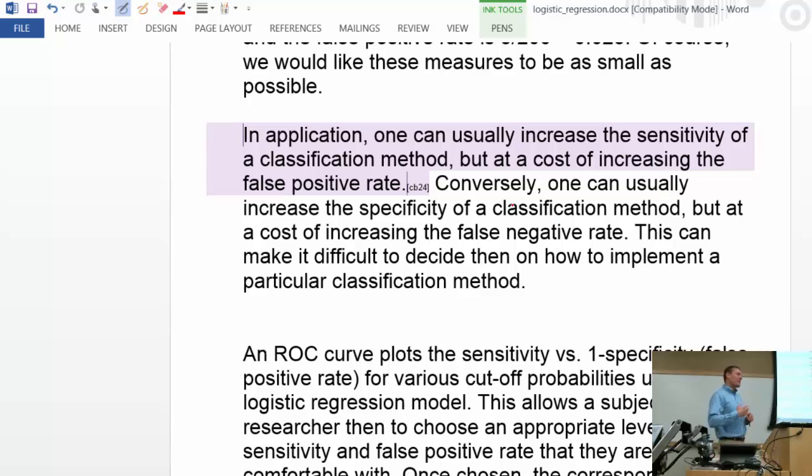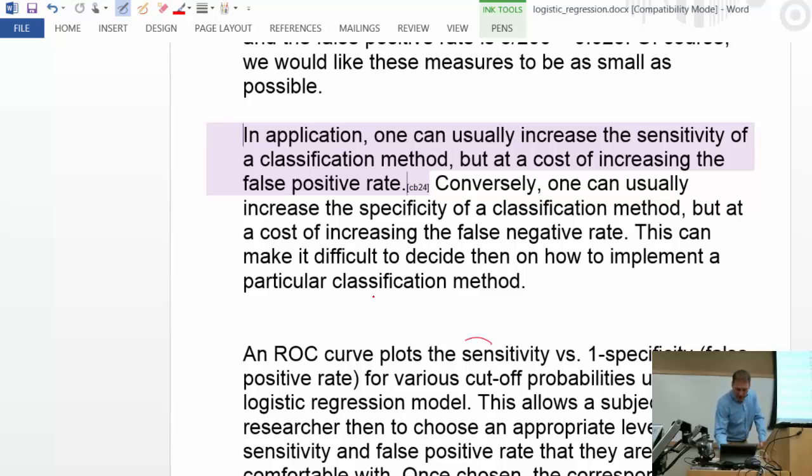Anyway, so now to make this judgment between the sensitivity and specificity, you might think, well, is there some way that we can do a plot that helps us make this decision about what I want my sensitivity to be and what I then give up in terms of specificity, or vice versa? And that's what these ROC curves, plots of the receiver operating characteristic curves, allow you to do.